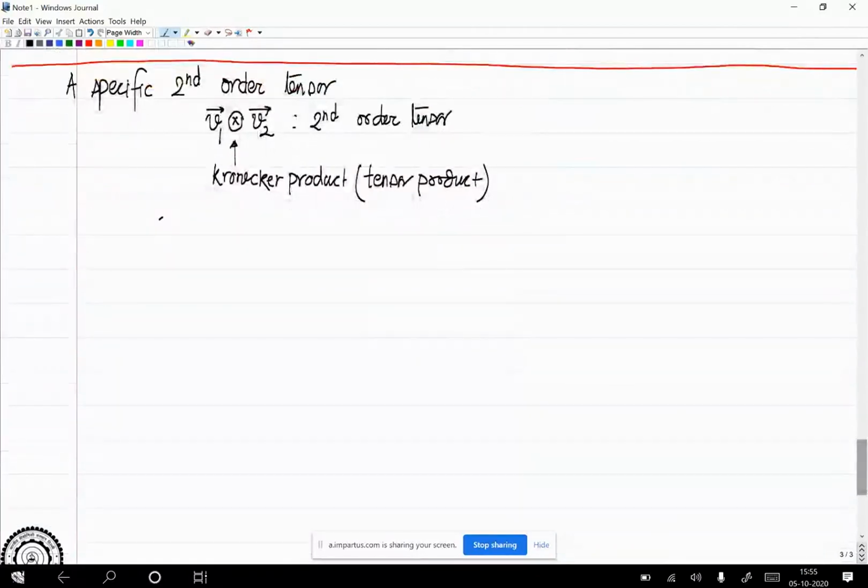So this was a specific second order tensor. Now of course we just wrote it as Kronecker product, but what does this actually mean?